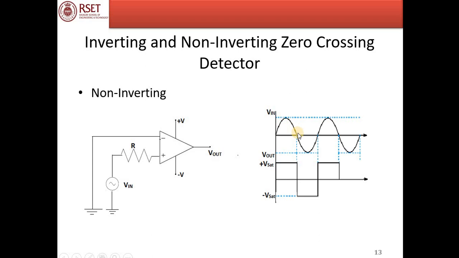Whenever V input is greater than 0 volt, the output switches to plus Vsat because V input is applied to the non-inverting terminal. And whenever V input falls below 0 volt, the output switches to minus Vsat. Again, we can see how a sine wave is converted to a square wave by the non-inverting zero crossing detector.